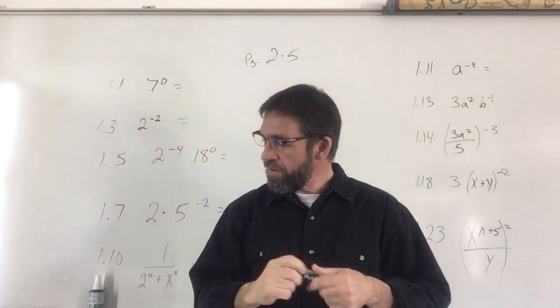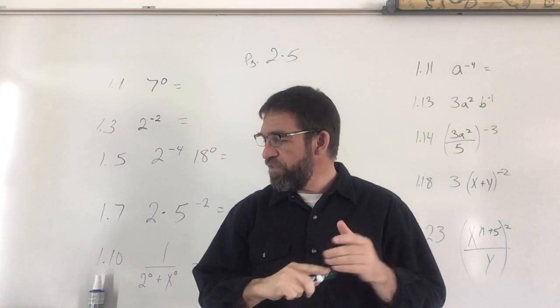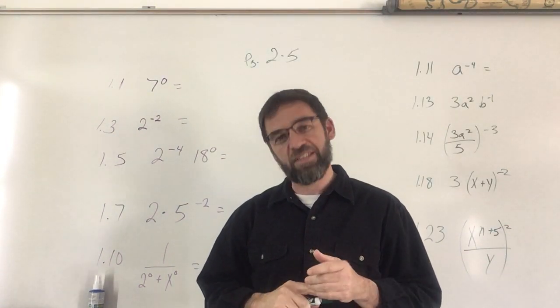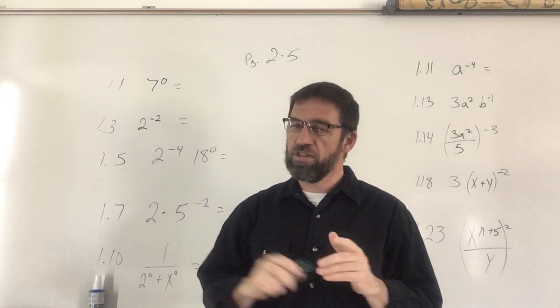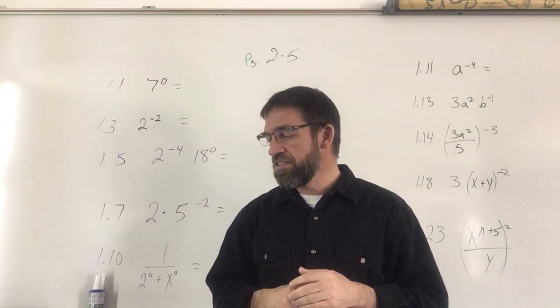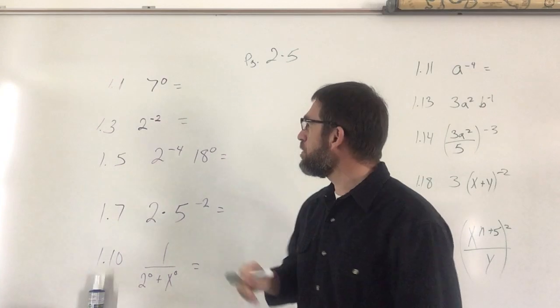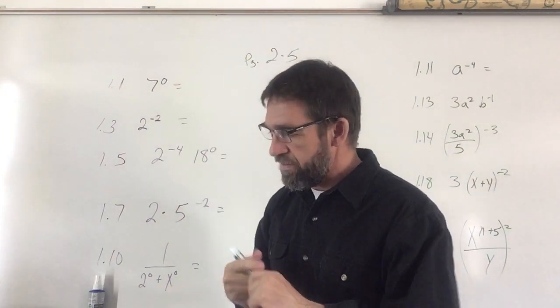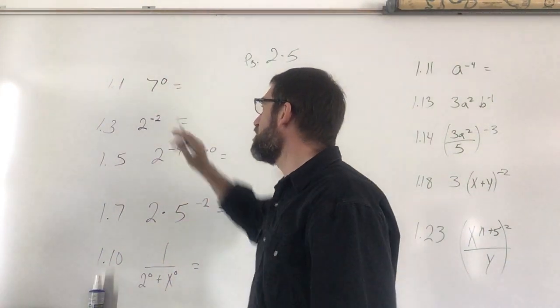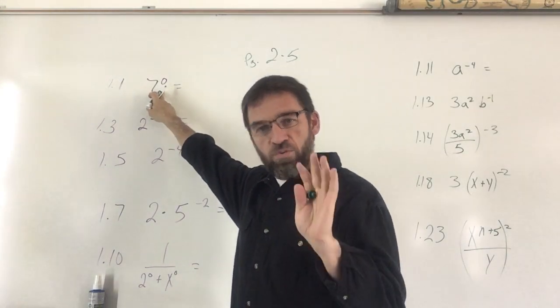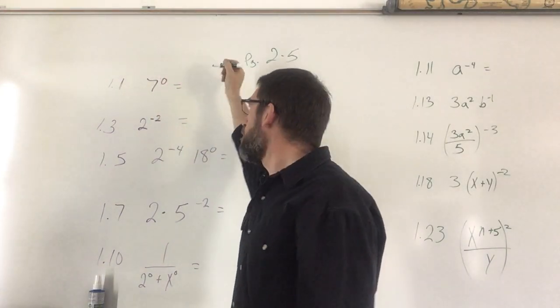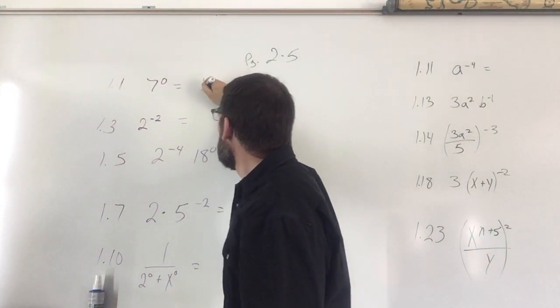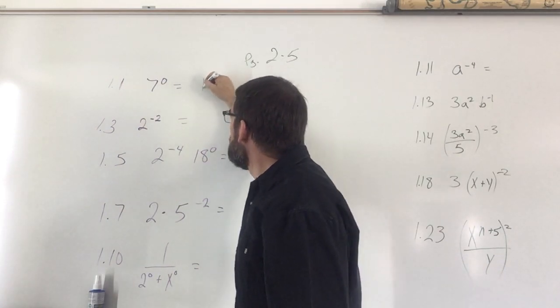So if you're ready for number 1, state the value of each expression. Assume that each variable is non-zero. Okay, you can't do this if it's 0, but we're assuming it's non-zero. 7 to the 0 power: anytime that you have a 0 as an exponent, and you would have learned this last year, your answer is 1.